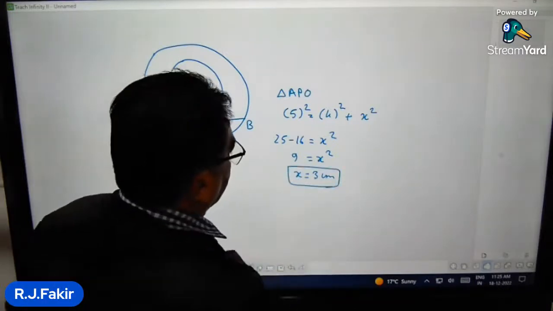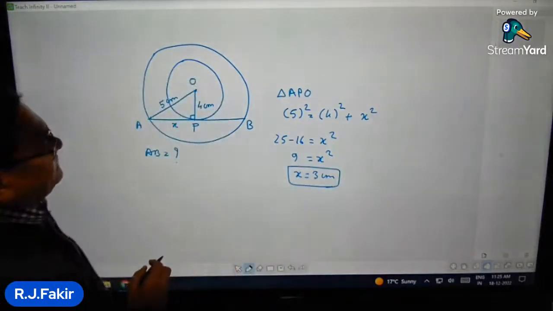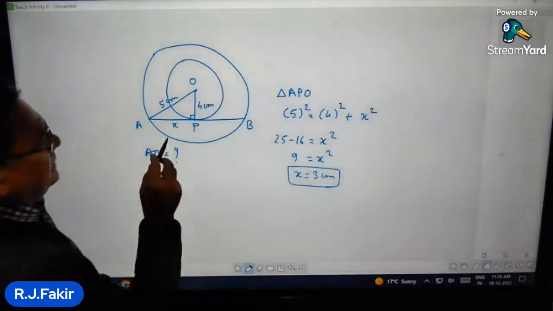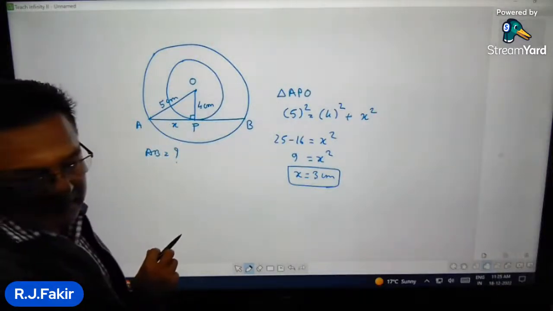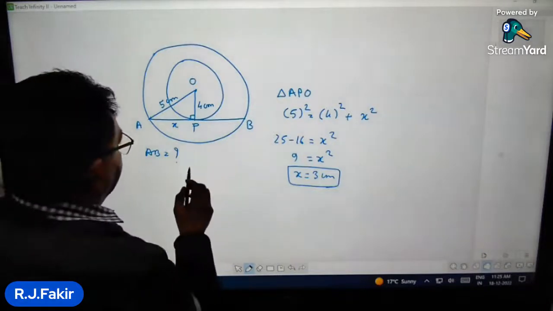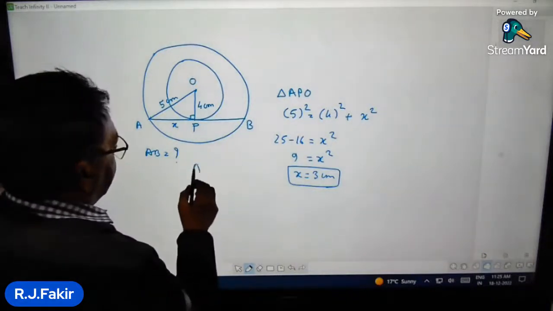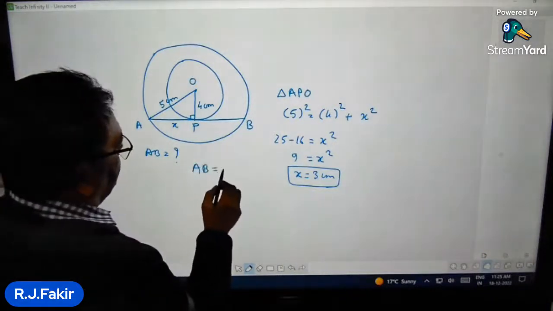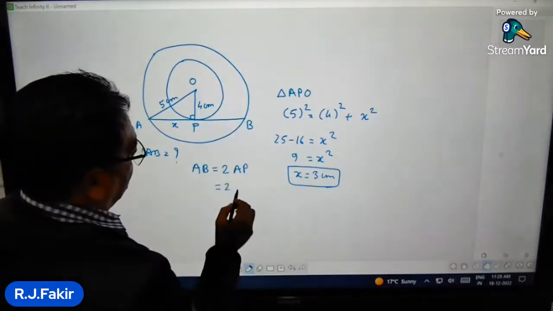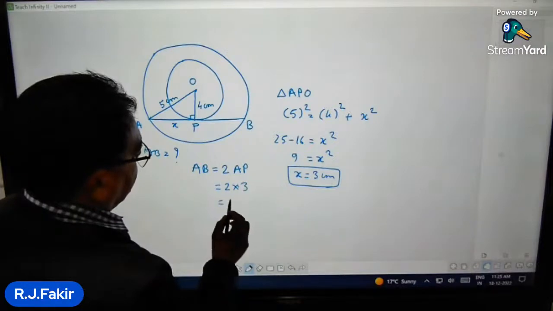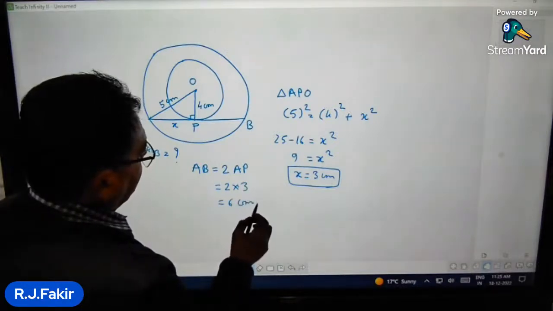And also from a theorem in 9th, that the perpendicular from the center bisects the chord. So by that way we can say AB is twice of AP, which is 2 into 3, so that is 6 centimeter.